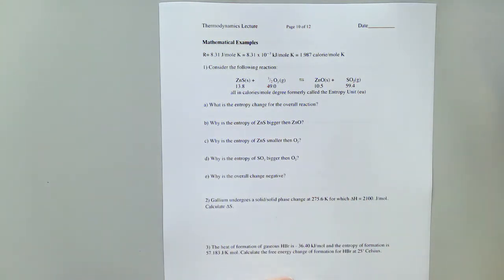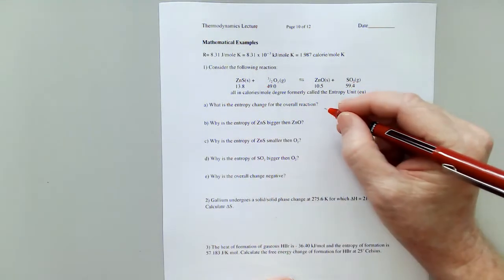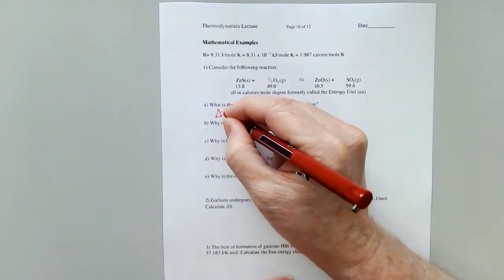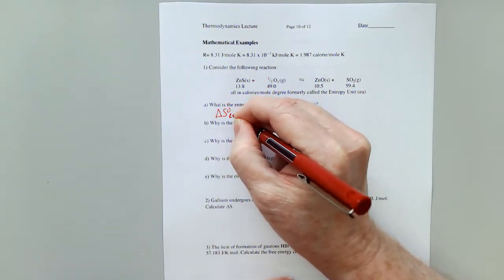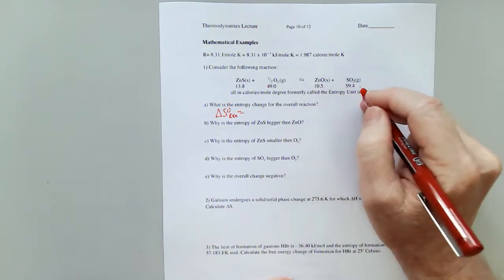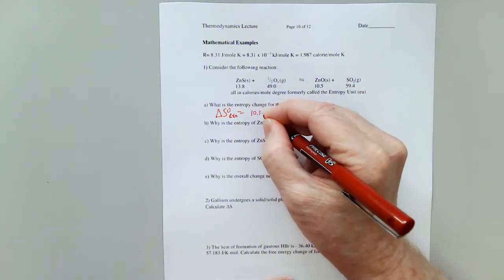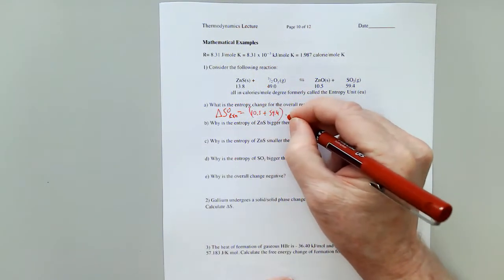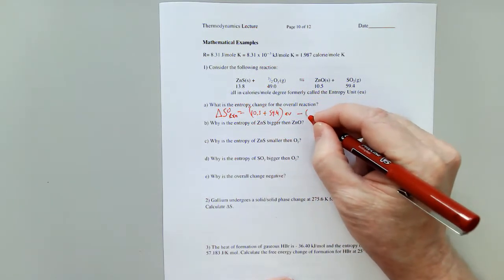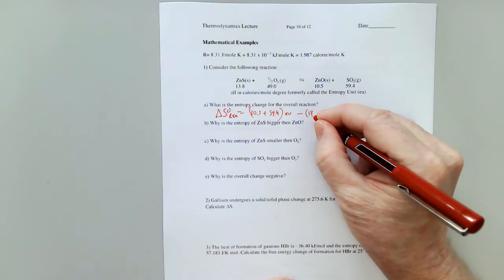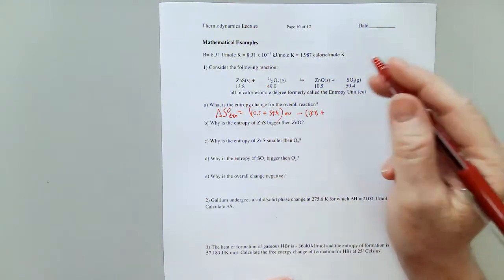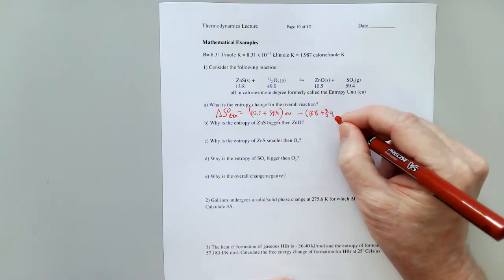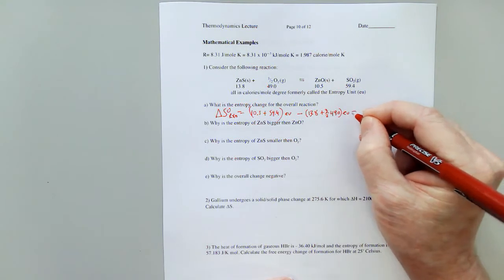Since entropy is a state function, we can calculate the entropy change for the overall reaction by doing products minus reactants. So delta S naught for the reaction equals 10.5 plus 59.4, both measured in EU, added together, and then subtract reactants, which will be 13.8 plus, and this is important, 3/2 times 49.0, also in entropy units.